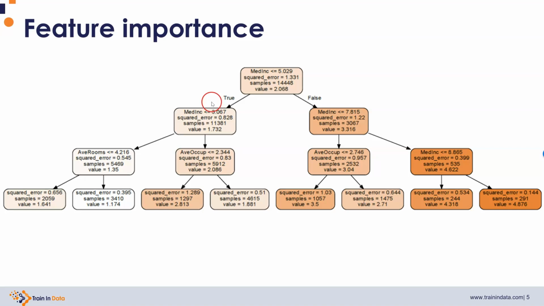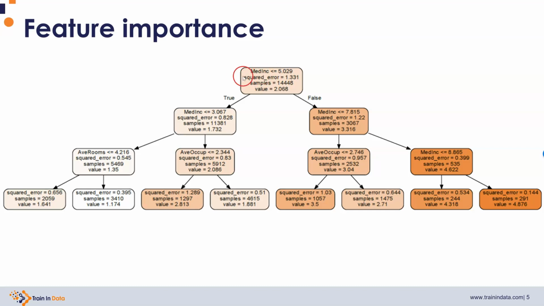In each one of the nodes, we have first the feature that was used to make the splits, and then the value for that feature that was used to make the split. So here we will have the entire dataset, and if the median income is smaller than 5.029, the data will go to the left child, otherwise it will go to the right child.